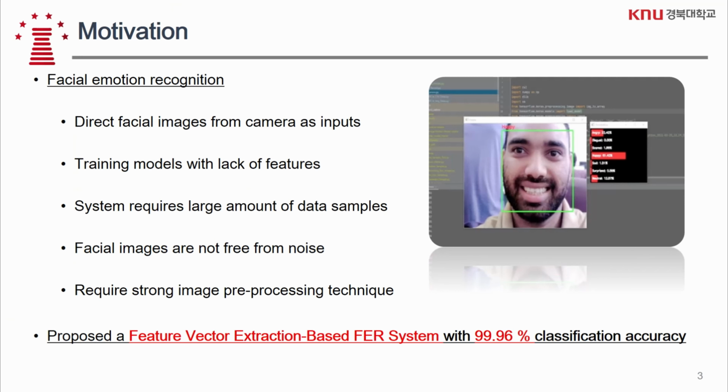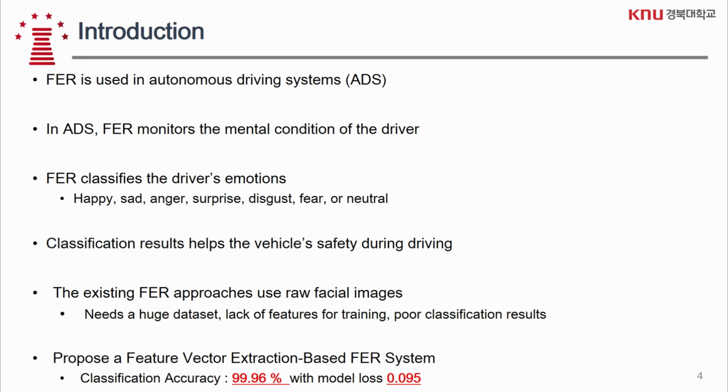That is also a challenging task for facial emotion recognition, and the facial images are not free from noise. The background noise in the facial images creates some misclassification results. And also we require a strong image pre-processing technique before training the model. So to address some of these challenges, we proposed a feature vector extraction based FER system with 99.96 classification accuracy.